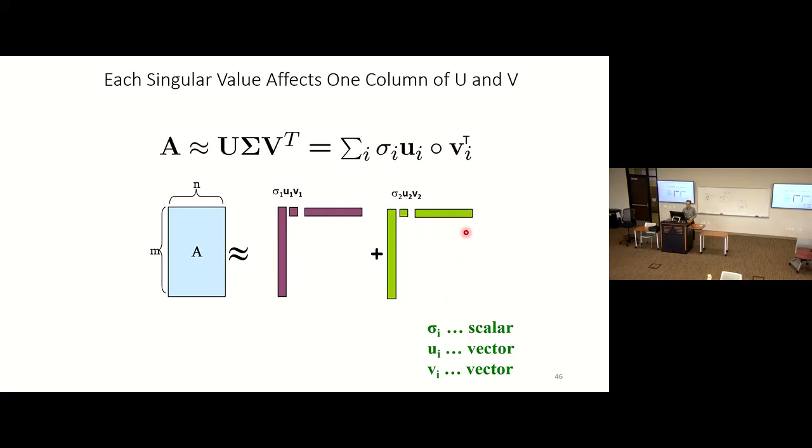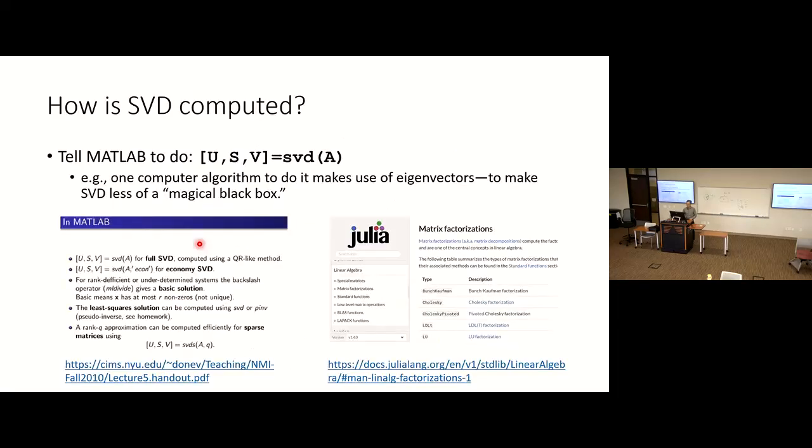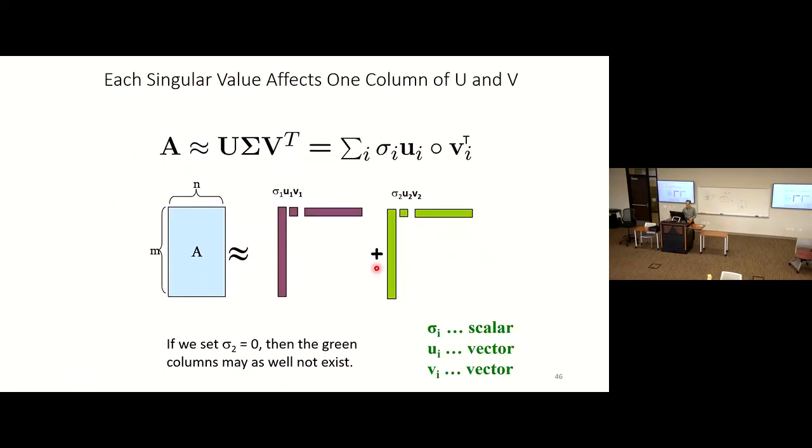Then this is the second one. You may need a lot in order to reconstruct this, depending on how noisy your data is. Then you can throw away those least important ones to get the approximation, which is the denoised version of the A.